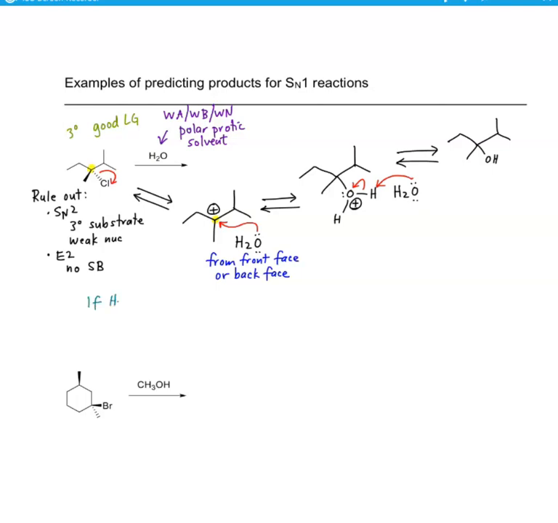So if the water attacks the front face, as it does so, the carbon it's attacking rehybridizes again and becomes sp3 again. So if the water came in from the front, then you'll end up with OH pointing forward, which pushes back the methyl group.